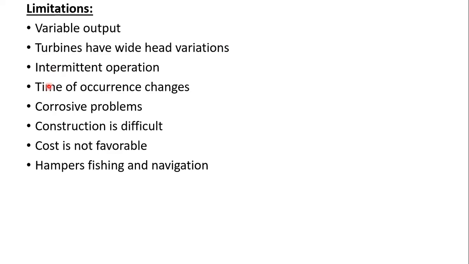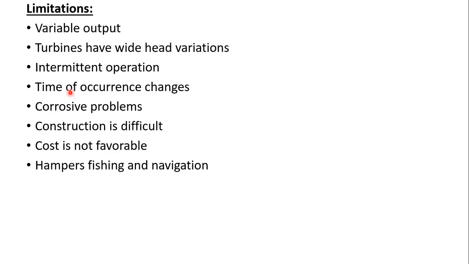And fourth one is that the time of occurrence will be changing. We know that tidal range is limited to a few meters. Thus if you take a bulb turbine type, this technology was not well developed, so we are using conventional Kaplan turbines.